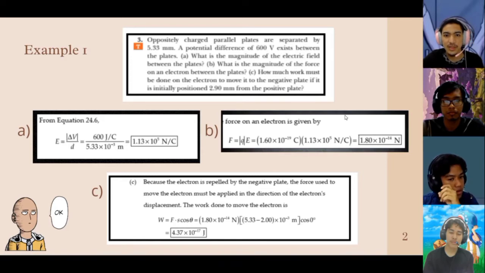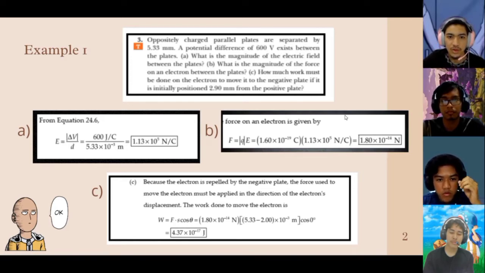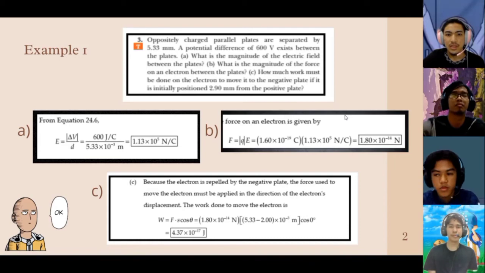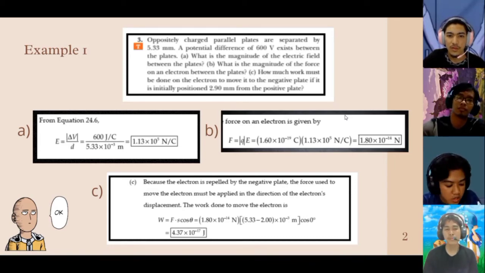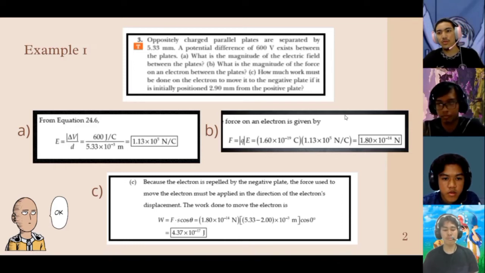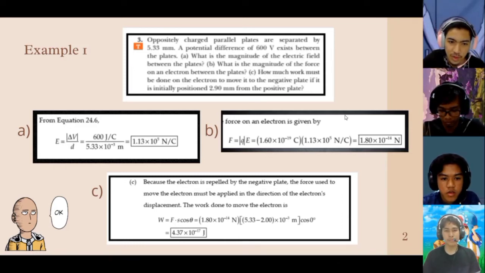For this last question, C, how much work must be done on the electron to move it to the negative plate if it's initially positioned 2.60 millimeter from the positive plate? The work equation: work equal to force times S cos theta.